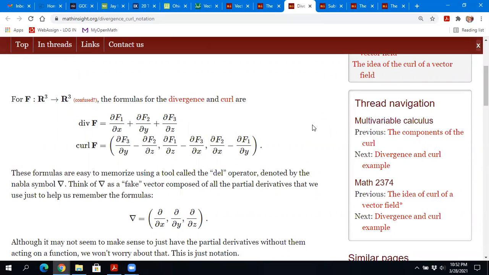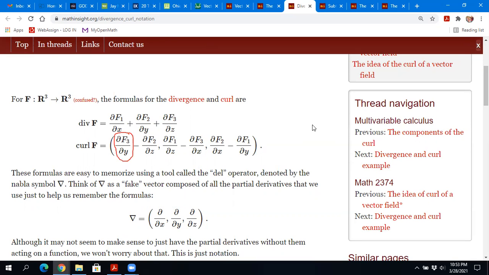Okay, so the third component function for the vector field would just be the 0 function. So for instance, they're using F1, F2, and F3 as the component functions. Of course, if I take the y derivative of the third component function, it's going to be 0 because the third component function is the 0 function.